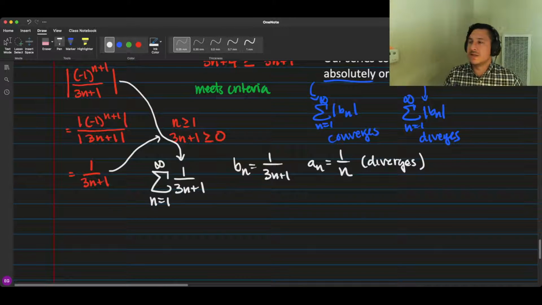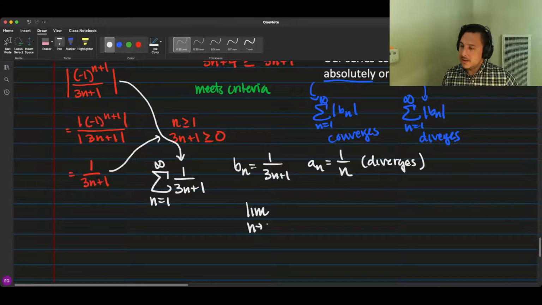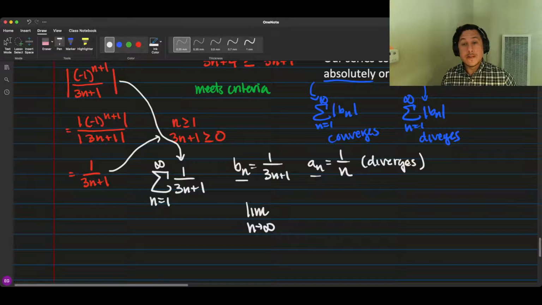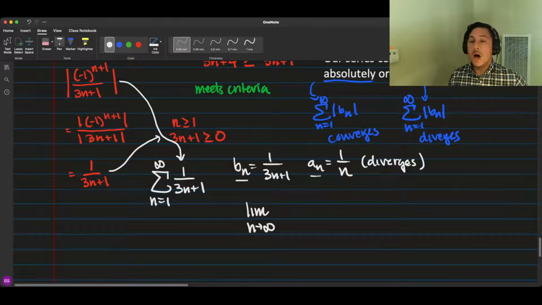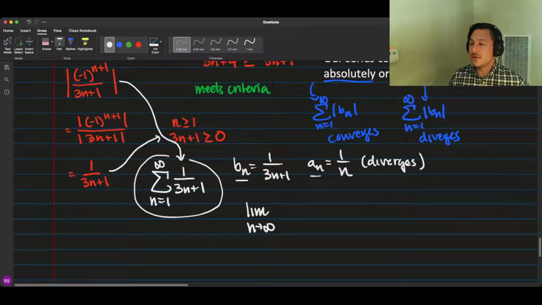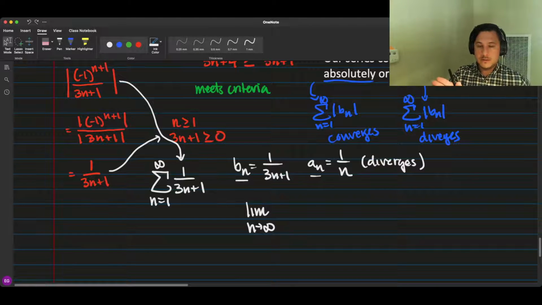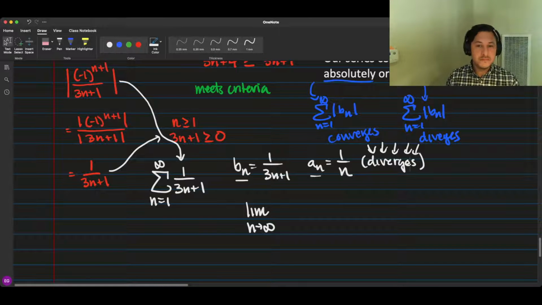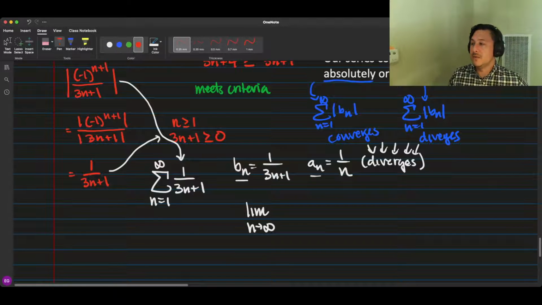Okay, how does the limit comparison test work? I want to figure out what happens to 1 over 3n plus 1. Does that make sense so far? I need to compare it to something, and I'm just choosing something that I know diverges. Because I have a feeling 1 over 3n plus 1 diverges. The way it works is you look at the highest power, like a p-series, that's 1 over 3n to the first plus 1.